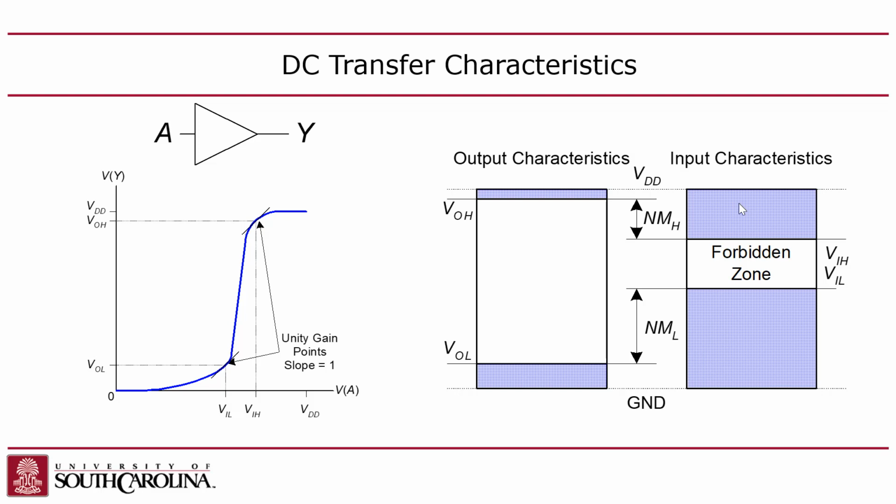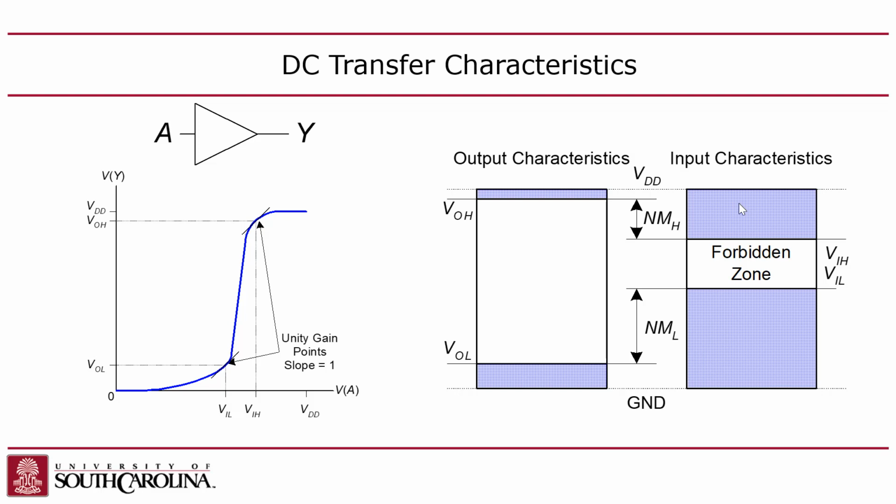As long as the input is in this range or that range. This range is between 0 and VIL, and this is VIH and VDD, right? So as long as the input is in this range, out of the forbidden zone, then your output will be in this range, which is even wider.